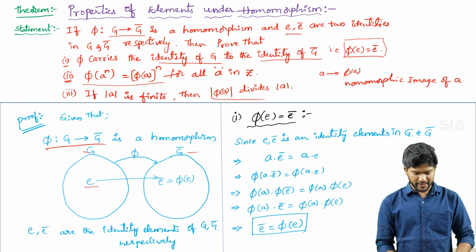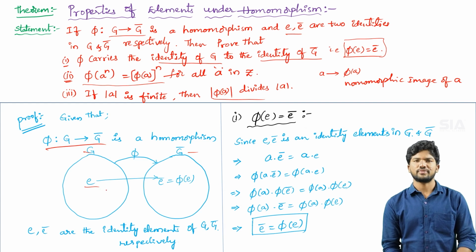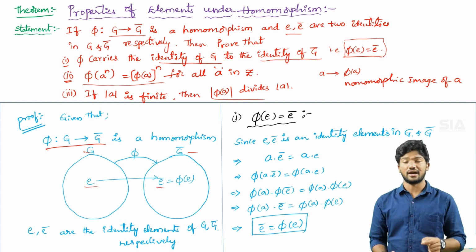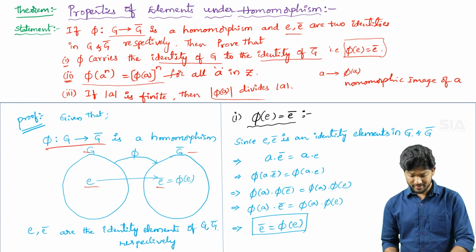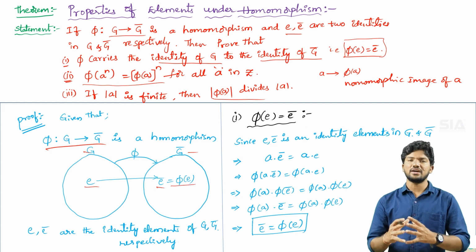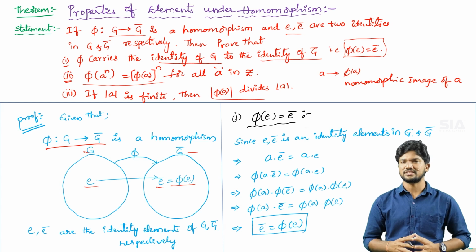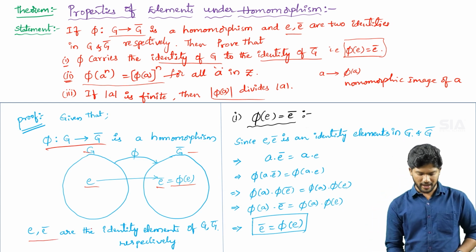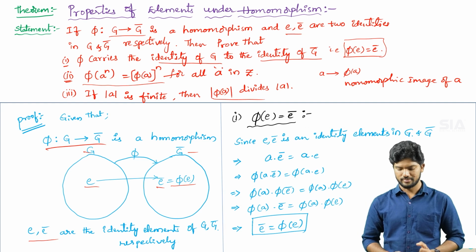I am taking small e belonging to capital G as an identity element and e bar belonging to capital G bar as another identity element. This e bar you can write as the homomorphic image of the first identity element, phi of e, where e and e bar are the identity elements of capital G and G bar.